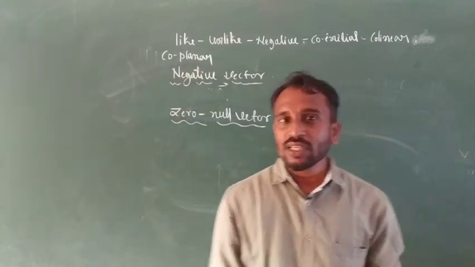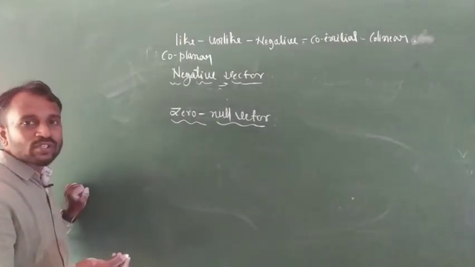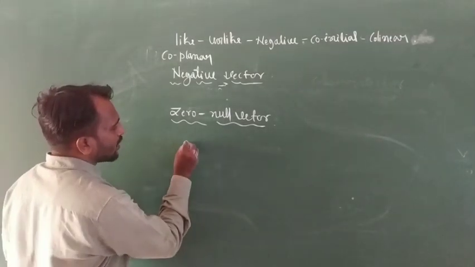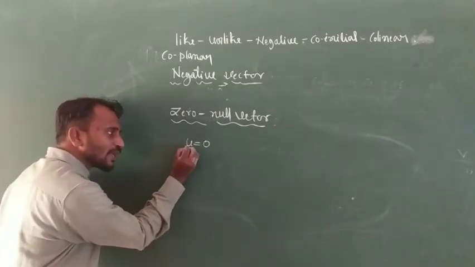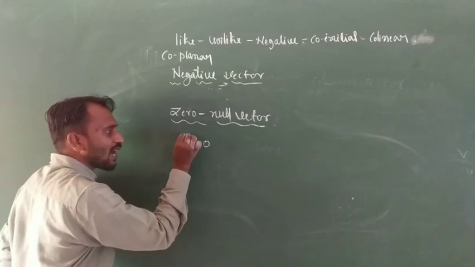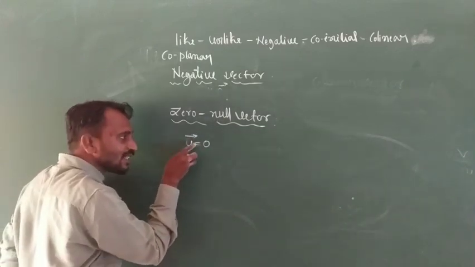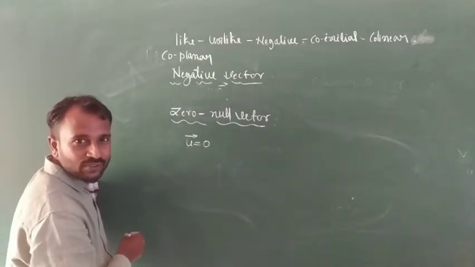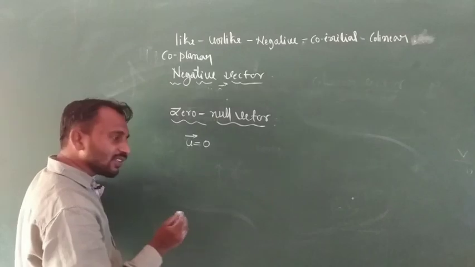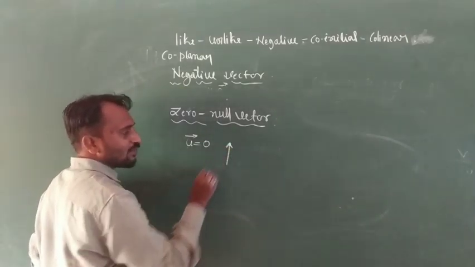For example, suppose the initial velocity of an object is 0. Velocity is a vector, so it has a particular direction, but its magnitude is 0. Another example is maximum height.